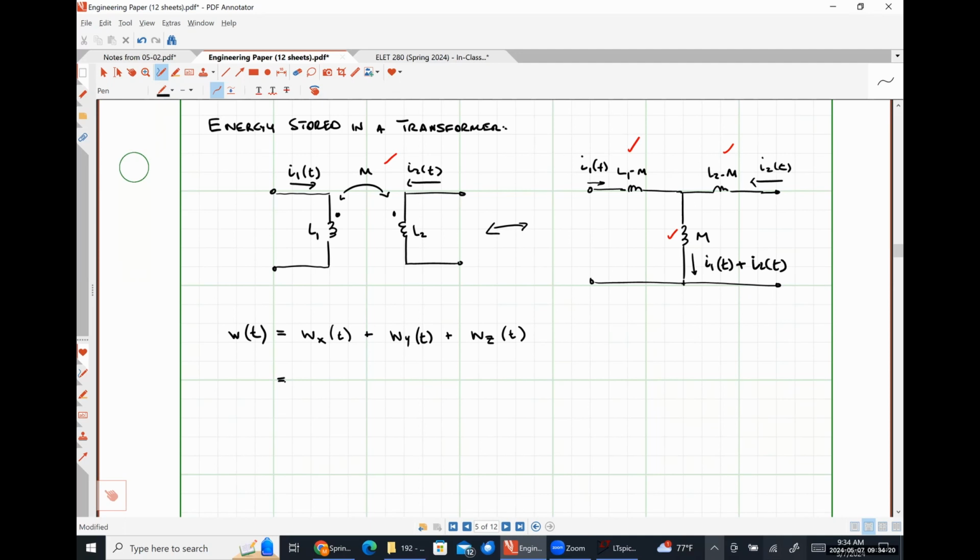1/2 Li squared, that ring any bells? Ron's smiling like it should. All right, so 1/2 Lx times I1 squared plus 1/2 Ly times I2 squared plus 1/2 Lz times I1 plus I2 quantity squared.